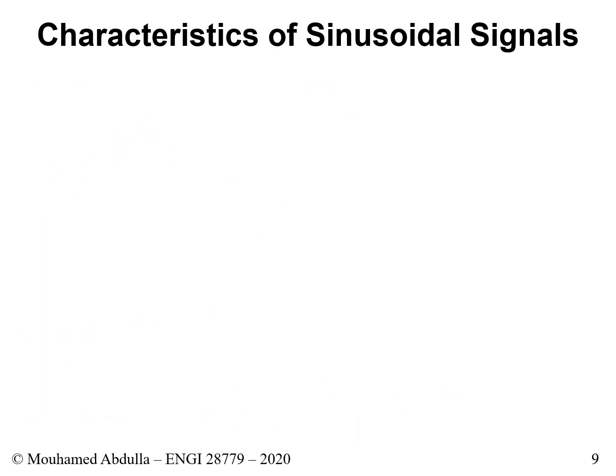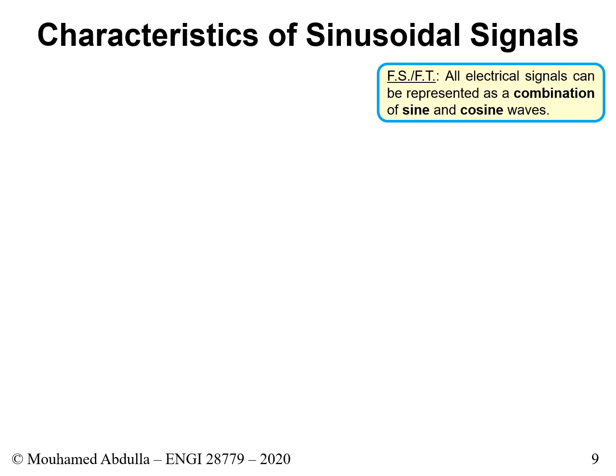On the previous slide, we talked about analog signals, digital signals, periodic signals, and non-periodic signals. Now on this slide, I'd like to continue and discuss a bit of the characteristics of specifically sinusoidal signals. Based on what we saw from Fourier series and Fourier transforms, we learned that all electrical signals can be represented as a combination of sine and cosine waves, all of them.